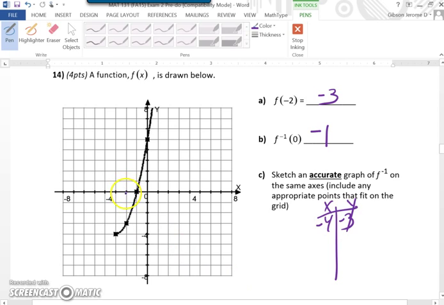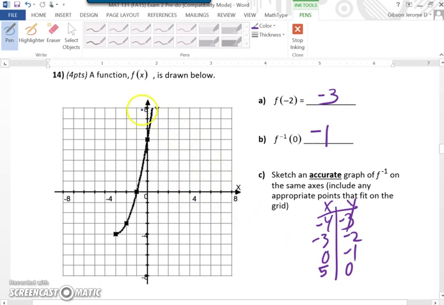This right here would be negative 2, negative 3, so it would be negative 3, negative 2. Here, this would be negative 1, 0. This would be 0, negative 1. And then finally, this right here would be 0, 5. So this would be 5, 0.